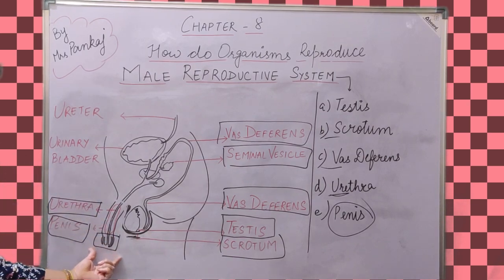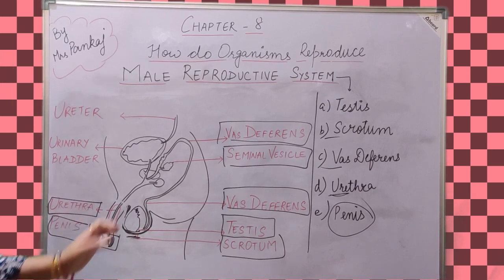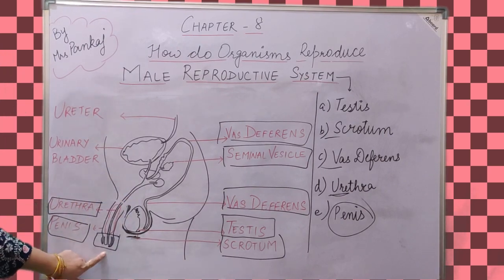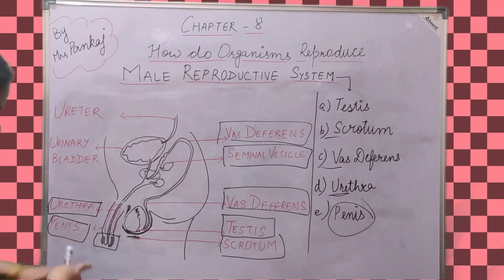We can say it is a foreskin, and this part is loose and retractable. That means it folds. This serves the purpose of ejecting out the sperm at the time of sexual intercourse inside the vagina, which fuses with the egg for the process of reproduction.